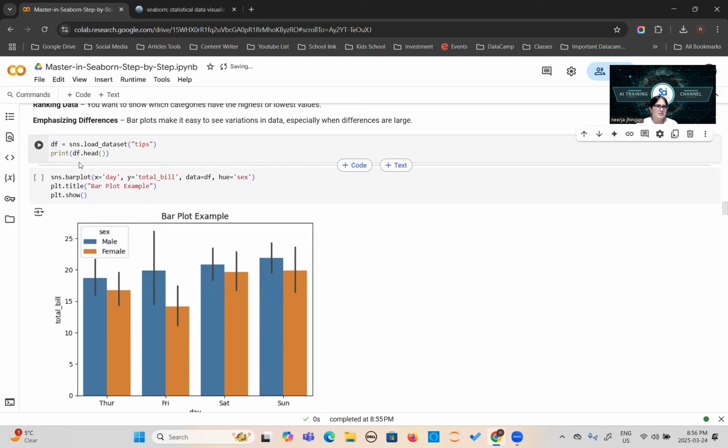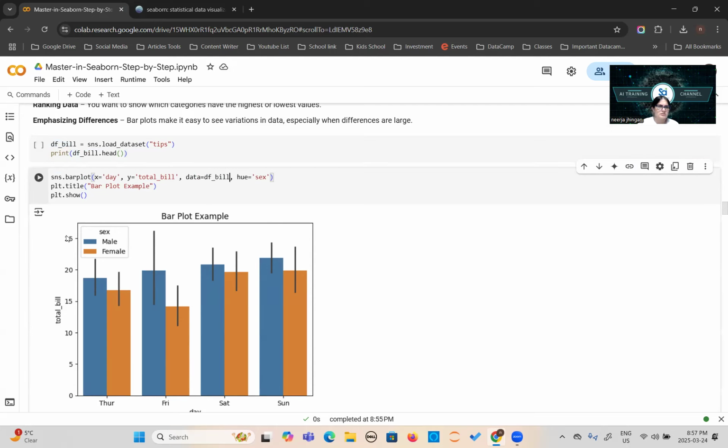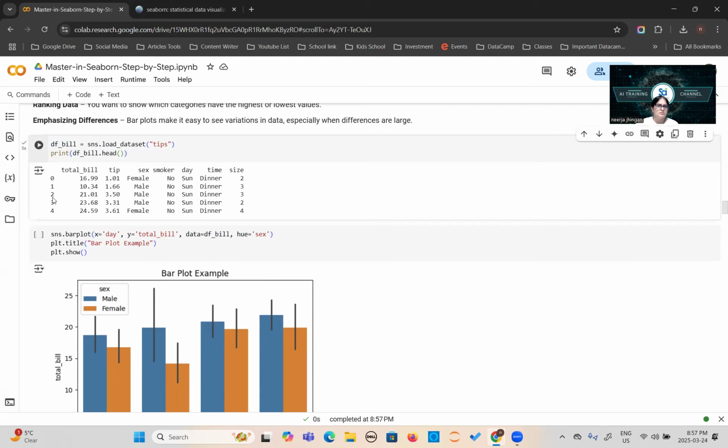So we can make it df underscore bill, and change this one. Here you go. We will load this. So this is your data set, and now you have the total bill, tip, sex, smoker, day, time, size.